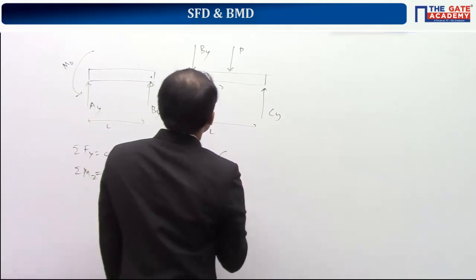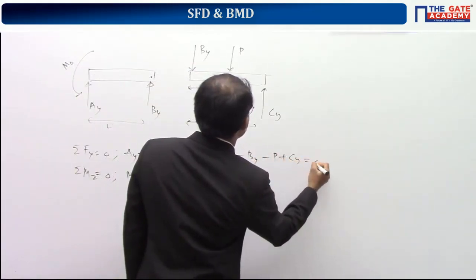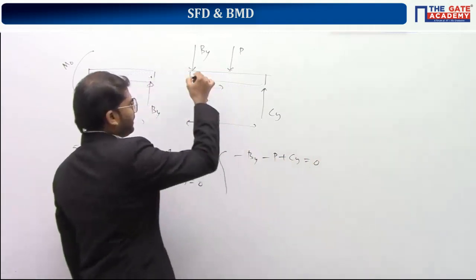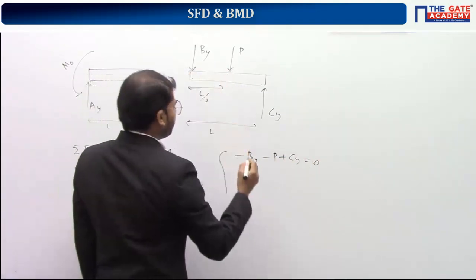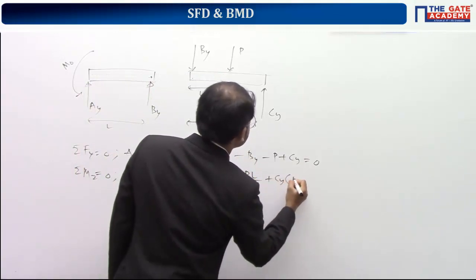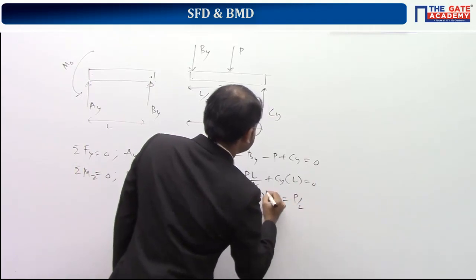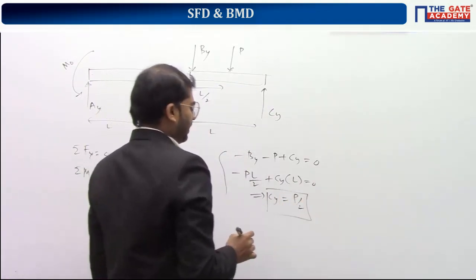Coming to this, sigma Fy is equal to 0 means minus By minus P plus Cy is equal to 0. Taking moment about this point, P into L by 2 clockwise, Cy into L anti-clockwise. So this gives you Cy is equal to P by 2.